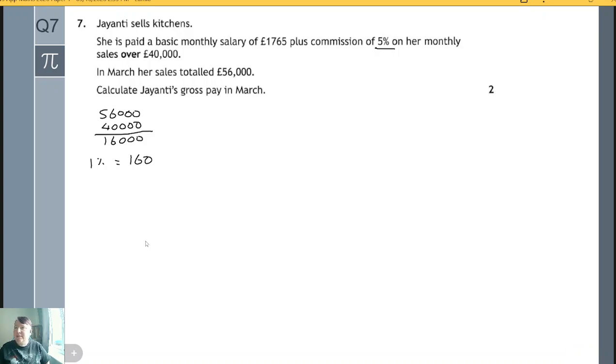So 160. So 5% is going to be 5 times that. So 160 times 5, 5 times 3 is 15, 5 times 6 is 30, so £800. And that's her commission.